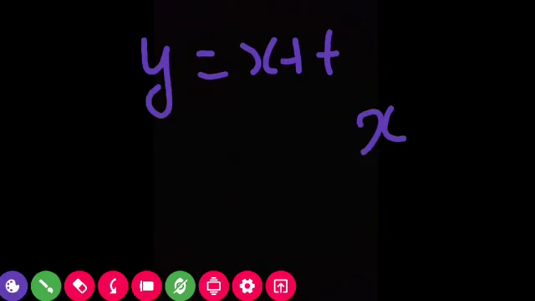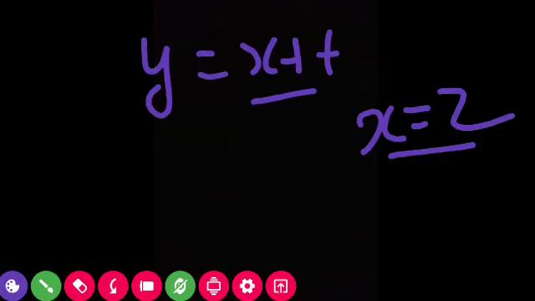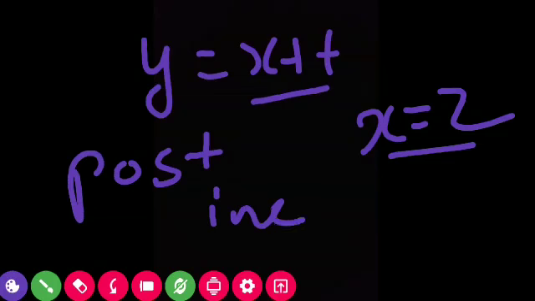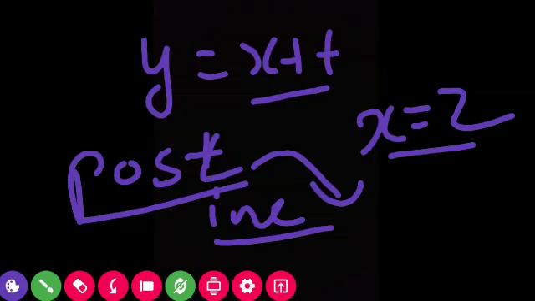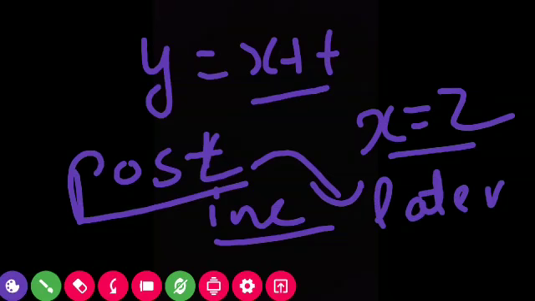Now, what if I write y equal to x plus plus and I take x equal to 2? So what will happen? Since it is post increment, the assignment will take place first and the increment will take place afterwards. First the value will be assigned.